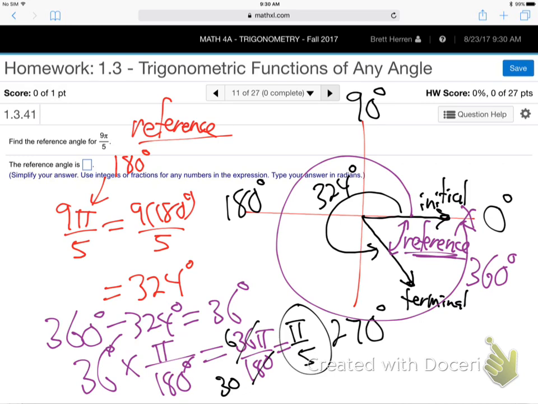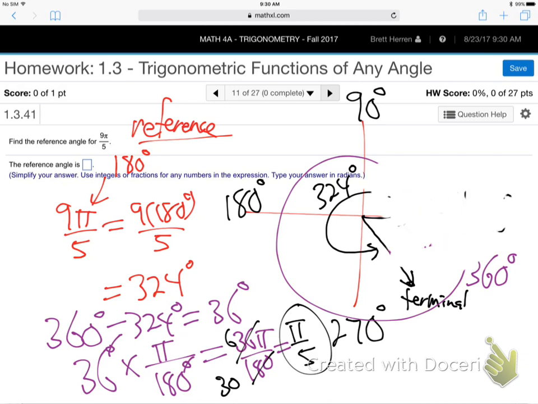I'm going to scribble a little bit more up there. So let me show you one more time why we're into reference angles and why they produce the same trig functions. So here's the 324, the initial side, the terminal side. We're saying that if you just use 36 degrees to find all your trig functions, it's going to be the same trig function.